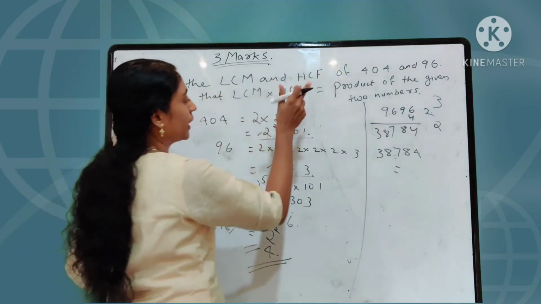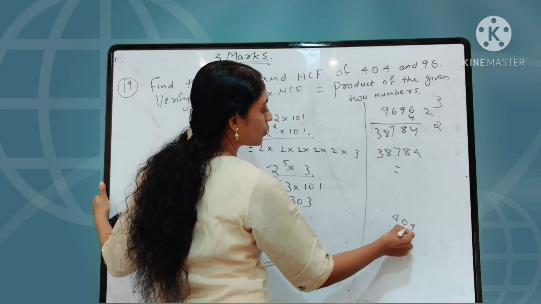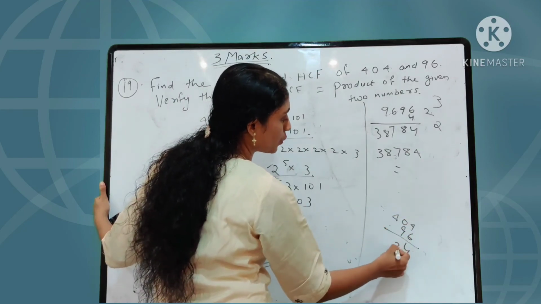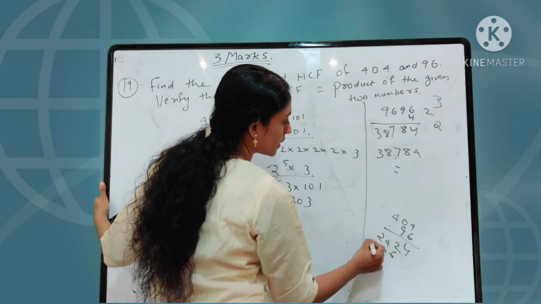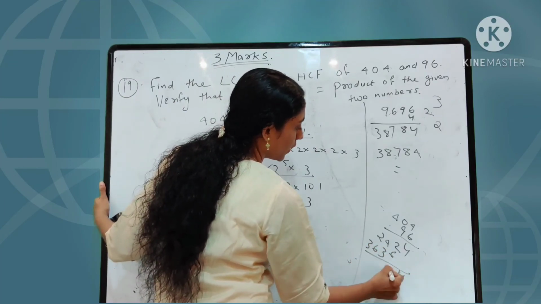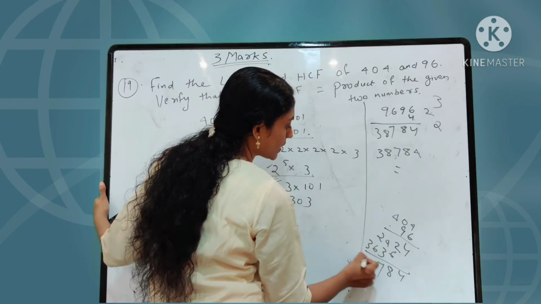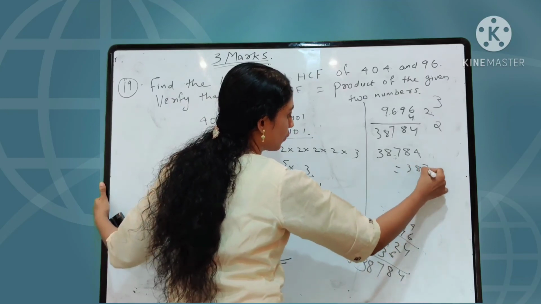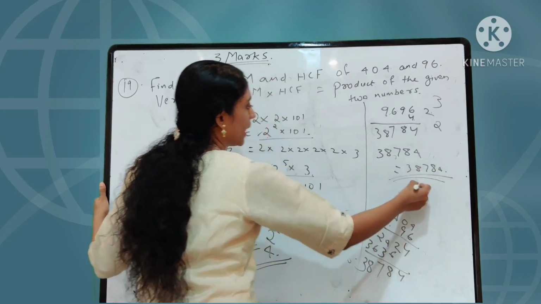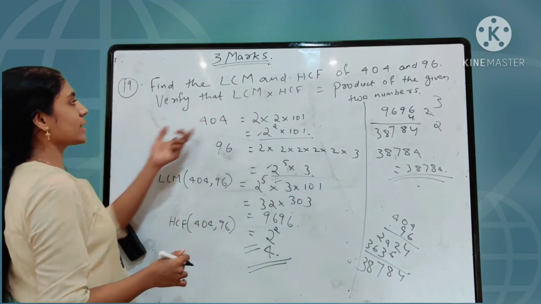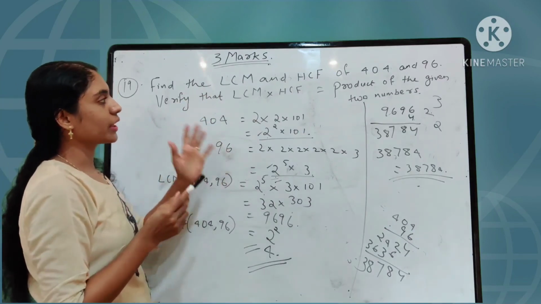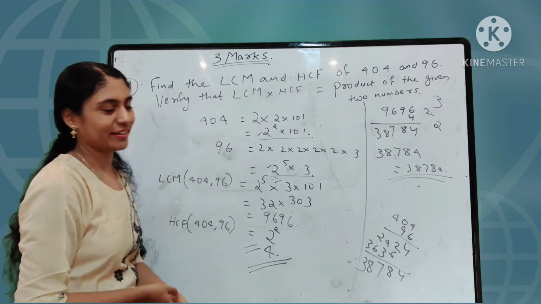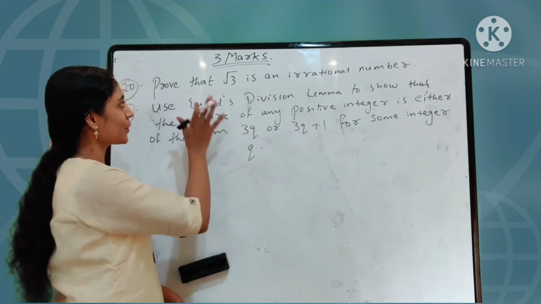Now, product of the given two numbers, 404 into 96, what is the answer? 38784. That means LHS is equal to RHS, or LCM into HCF is equal to product of the given two numbers, hence verified.